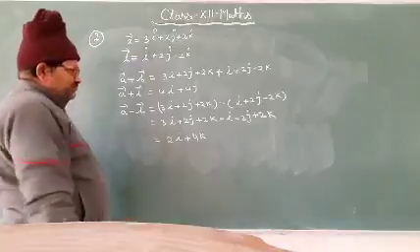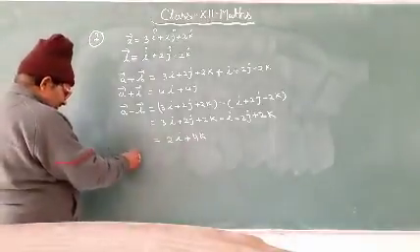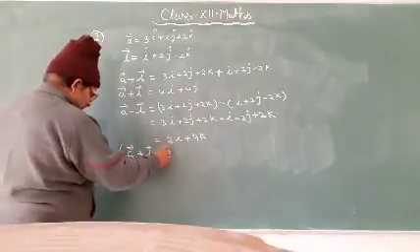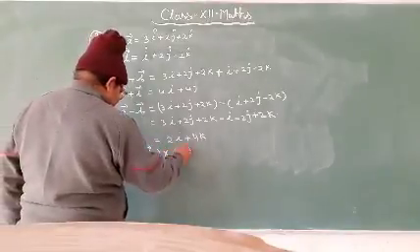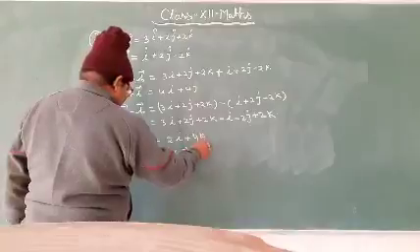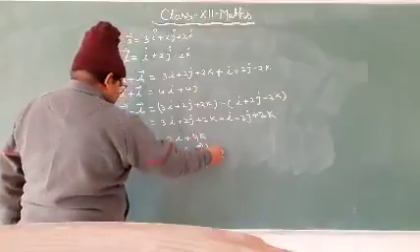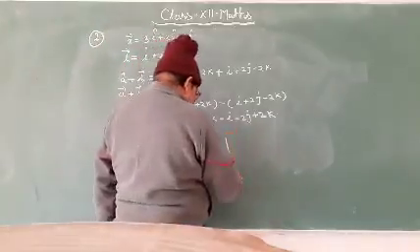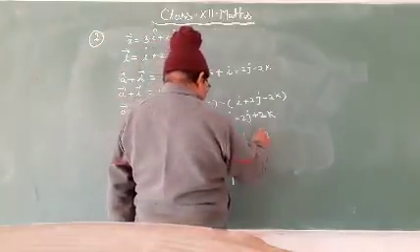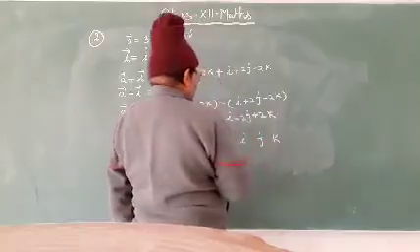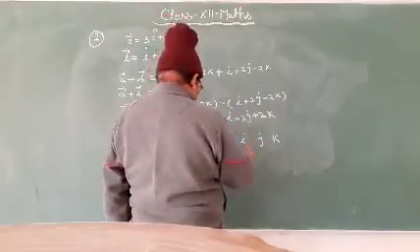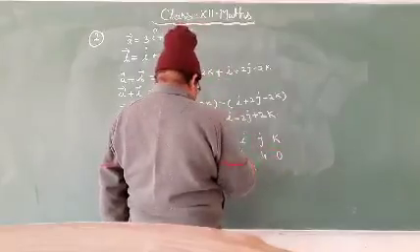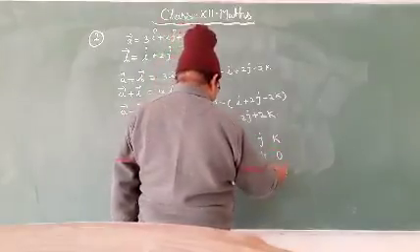Now find vector A plus vector B cross product vector A minus vector B, which equals the determinant with i, j, k; 4, 4, 0; and 2, 0, 4.